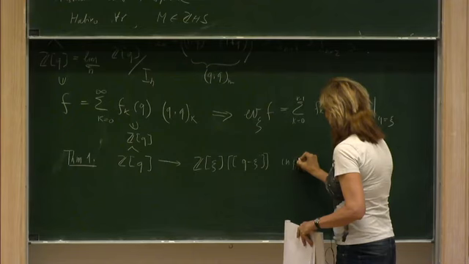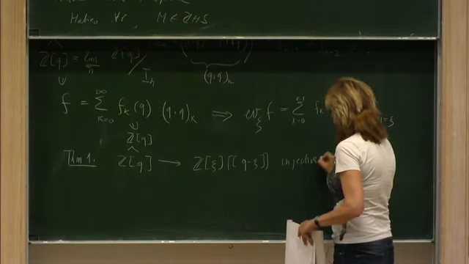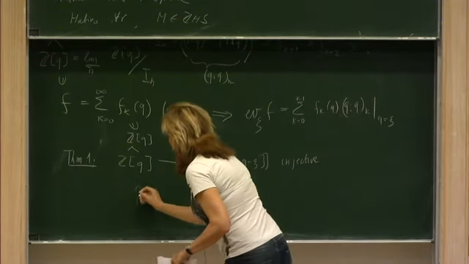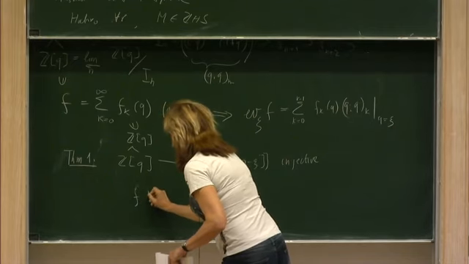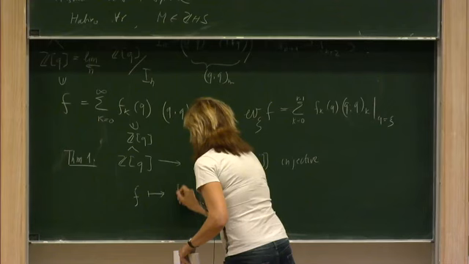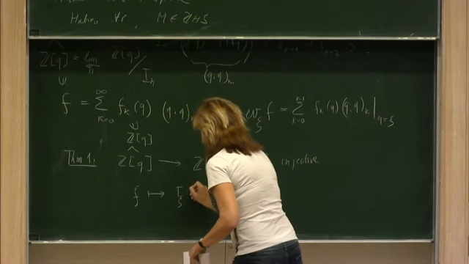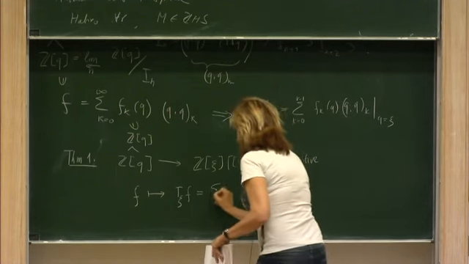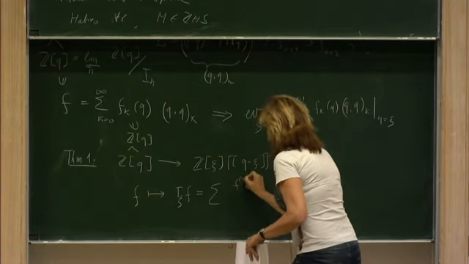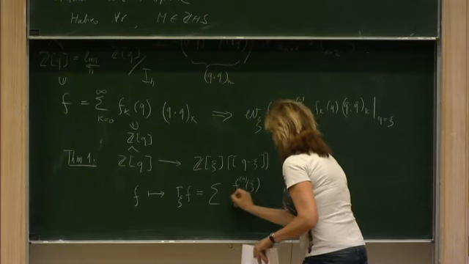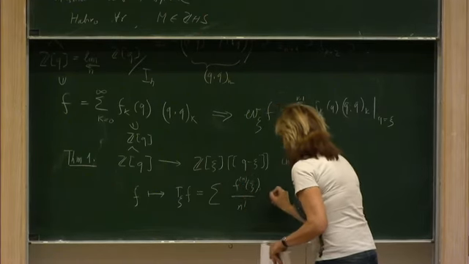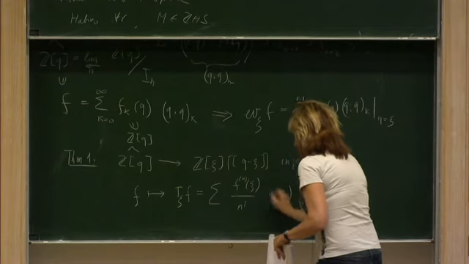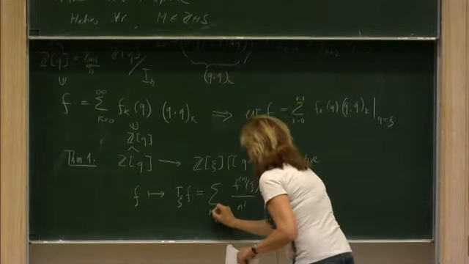This map is defined by sending f to the Taylor expansion of f at the root of unity psi, which is defined as a sum of the nth derivative of f at the place psi, like this.